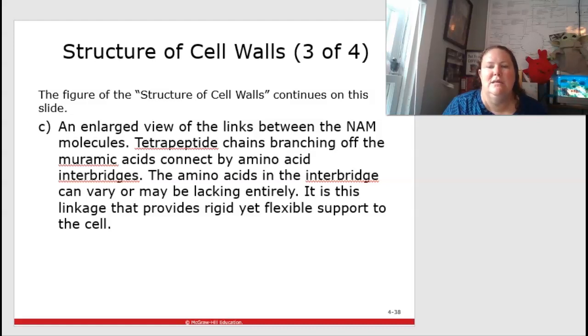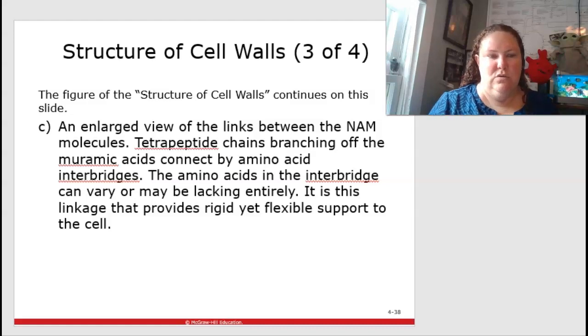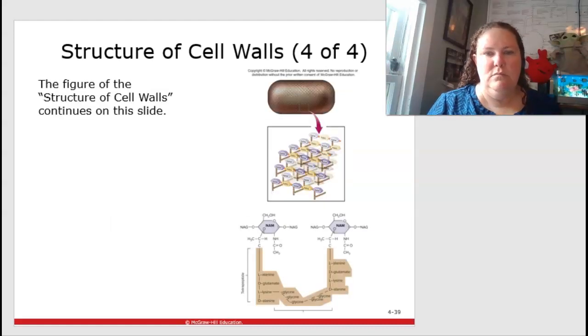The amino acids in the interbridge can vary, or they may be lacking entirely. It's this linkage that provides the rigid yet flexible support to the cell. So here are your pictures of the NAMs and how they're attached: very close up, middle close up, and an outside view. Okay.